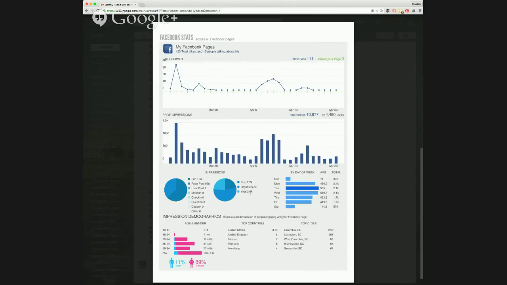And then viral is this lighter shade of color, and that is an indication of things that were shared the most, where maybe one person shared it and then that person had a friend who shared it and it was seen by more people.